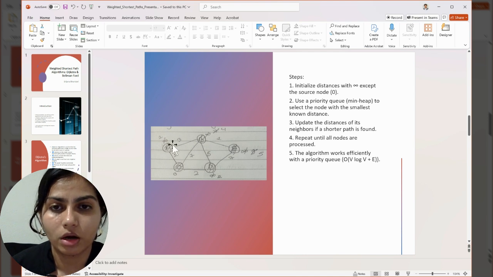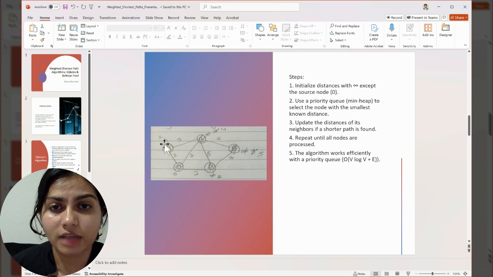Now I don't have to think about C anymore, so I calculate for A. The A to C path has already been calculated. For A to B, I already have 1 plus 3, which is 4. So B is 4 because it is smaller than 7, and I just replace it.